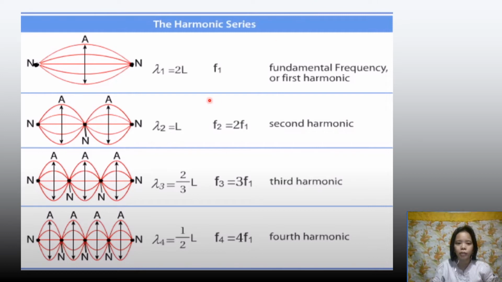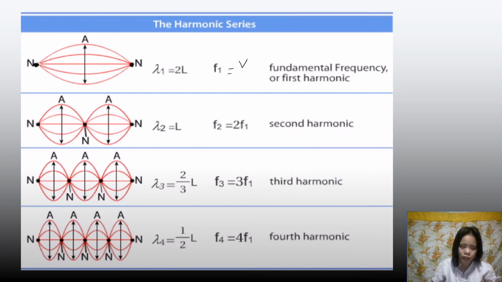Their wavelengths are: lambda 1 is equal to 2L, lambda 2 is L, lambda 3 is 2 over 3 L, while lambda 4 is equal to one half L. So the equations would be F1 equals V over 2L, F2 equals V over L, F3 equals 3V over 2L, and F4 equals 2V over L.